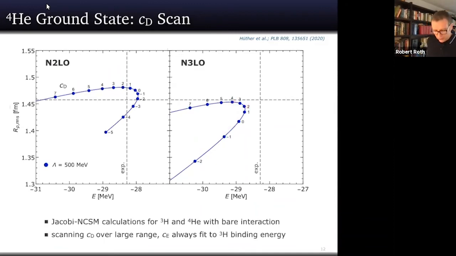And actually what I don't show here, this is a calculation for the bare interaction, no SRG evolution. If you do an SRG evolution, you have to think about these induced many-body terms, because we only do SRG up to the 3-body level. And for some miraculous reason, if you don't include 4-body induced terms and higher, this point moves over here.